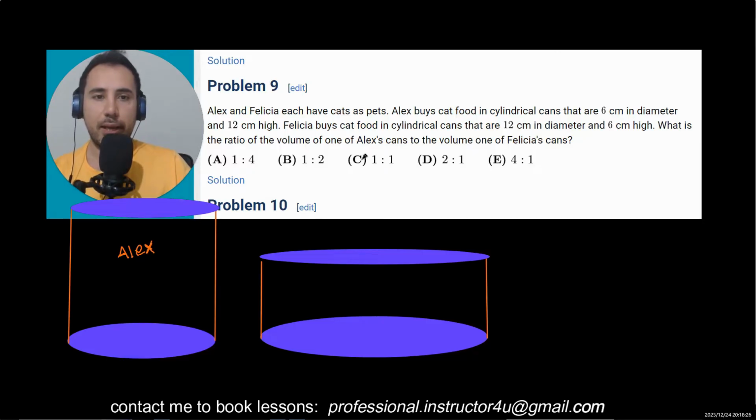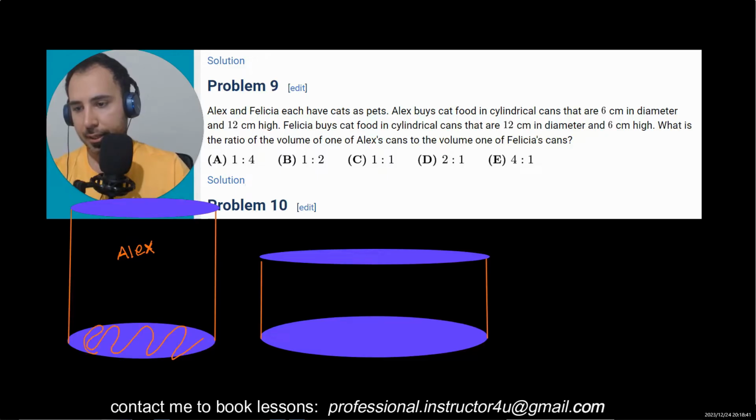By the way, because the question is asking for the volume, let's just review the formula for it. When we want to find the volume of a shape, first we find the area of this part, whatever the shape is, and then we multiply it by the h.